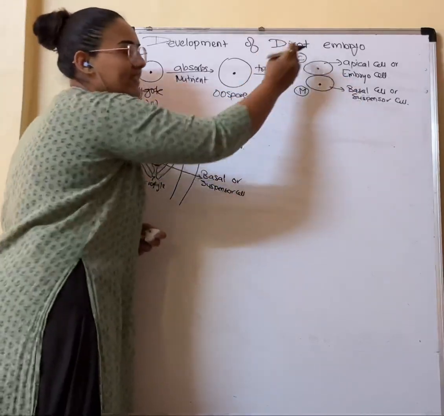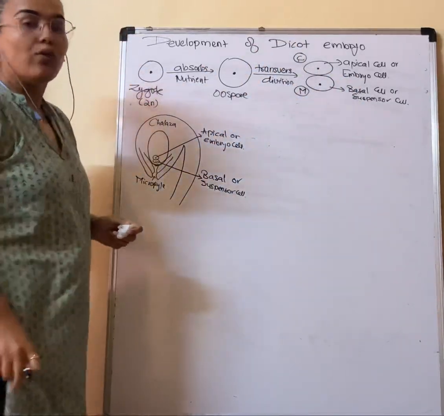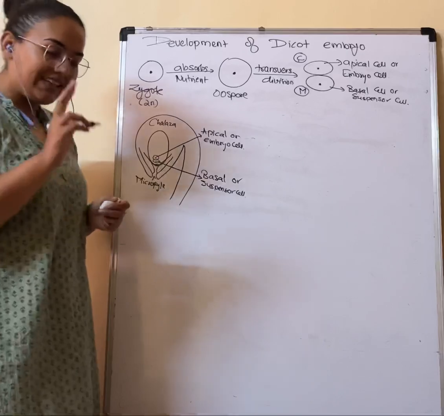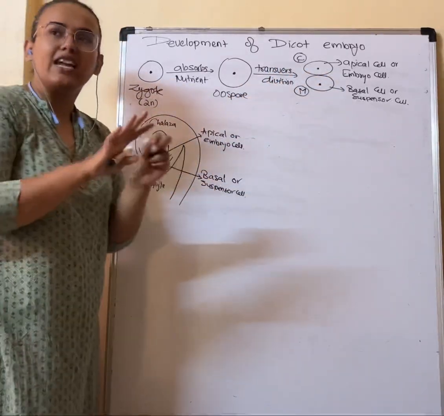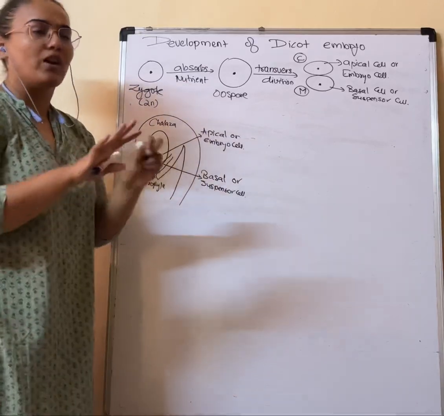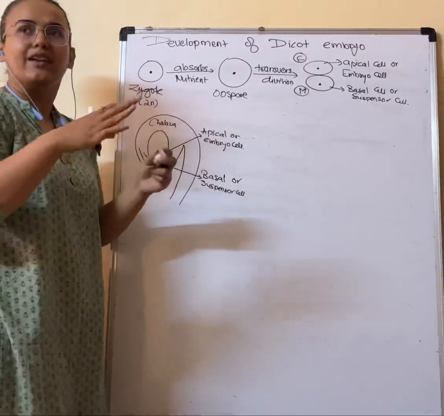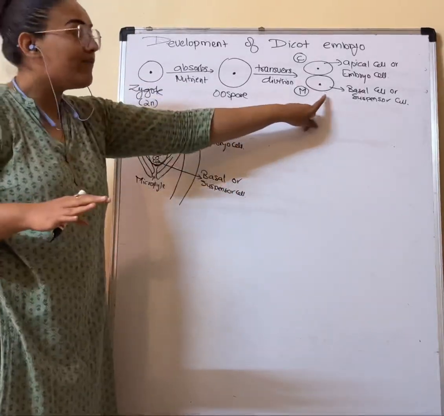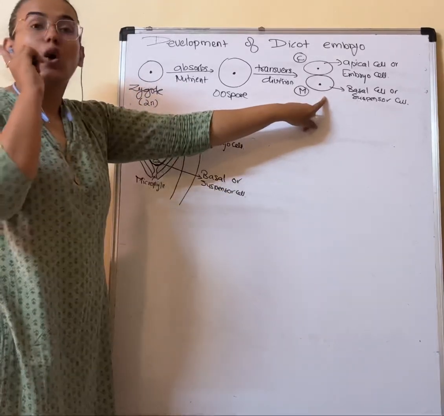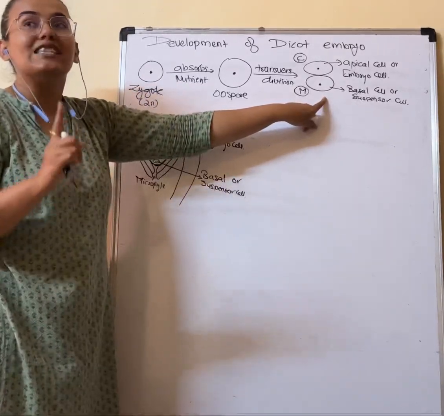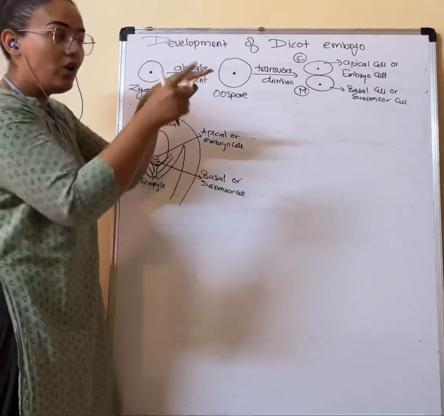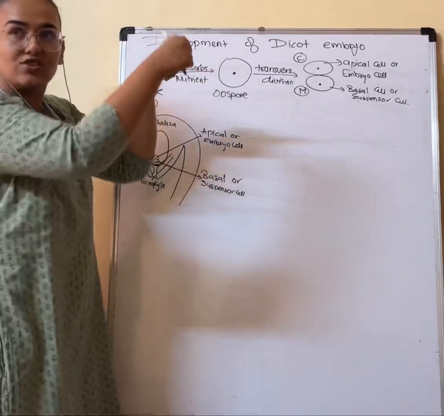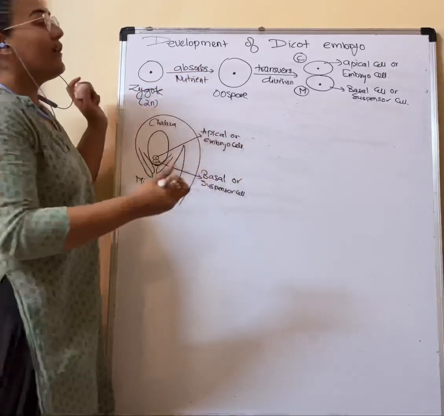Now once they are divided, comes the second division. In the second division, the embryonic cells divide continuously on their own slowly, whereas the suspensor will always divide transversely, that is one on the other in a straight chain-like structure.